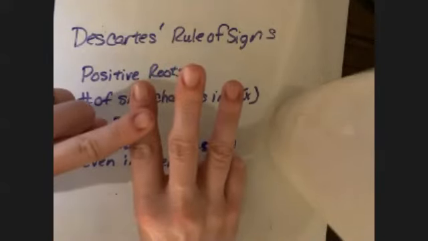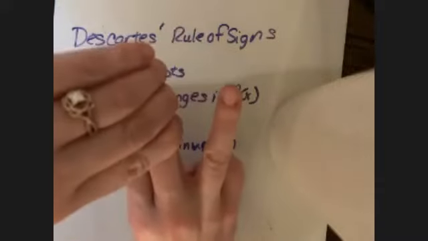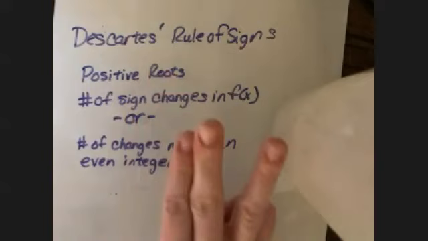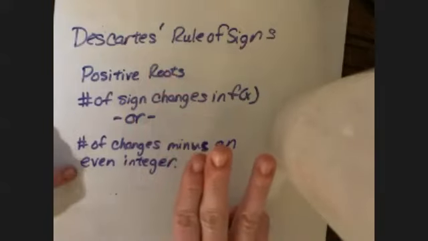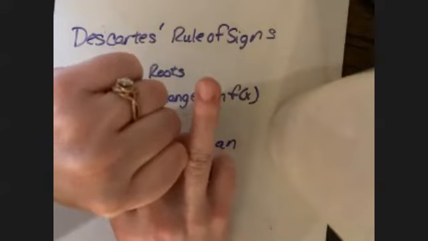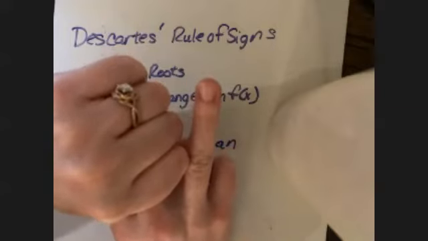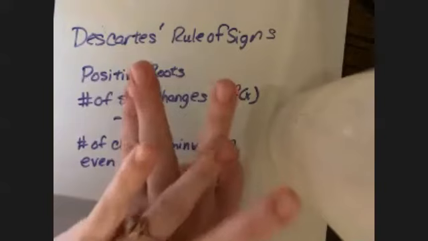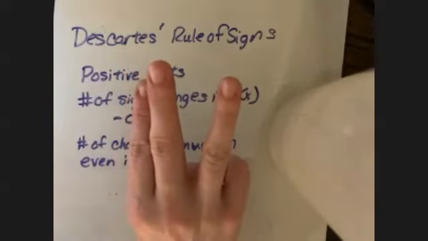And if this one's complex, you automatically get its partners. So these 2 are complex and this one is positive. That's what he's saying by the number of sign changes minus an even integer. He's taking these 2 away, saying they are complex, and he's left with this one that is positive.